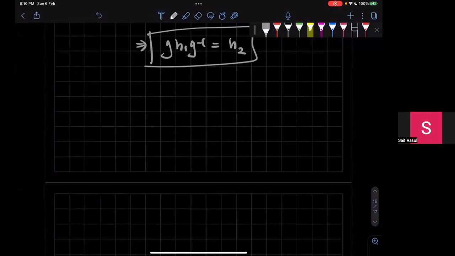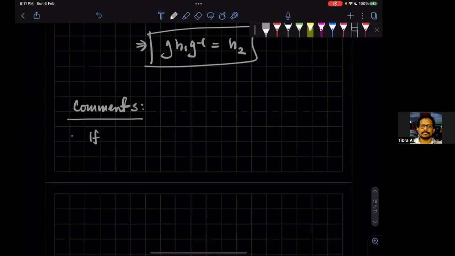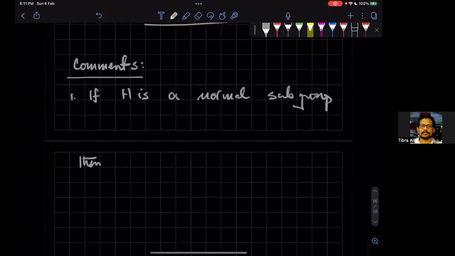Okay, so if H is a normal subgroup, then G over H, the coset space, is a group.